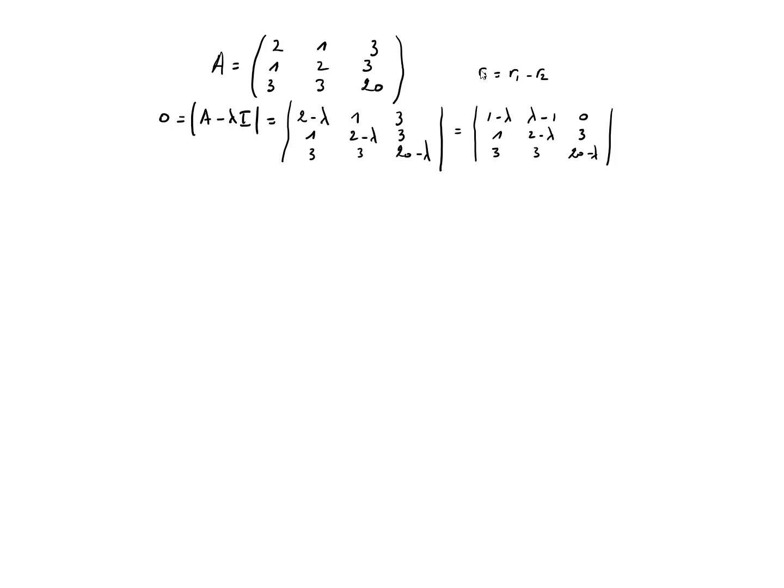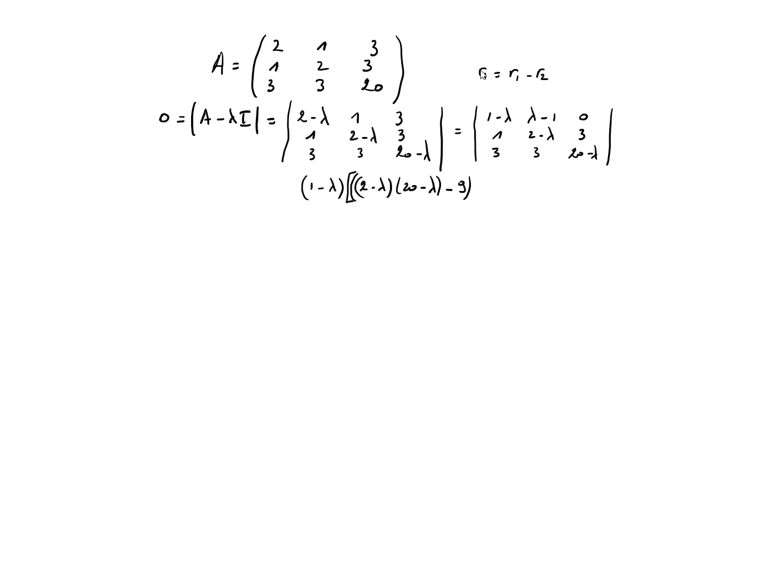So let us construct the determinant based on this first row. So we'll have 1 minus lambda, and we'll factor it out. So we'll have 2 minus lambda times 20 minus lambda minus 9. And then we'll have this one with a minus sign, okay, because it's in position 1, 2, so it gives me 1 minus lambda if you change sign.